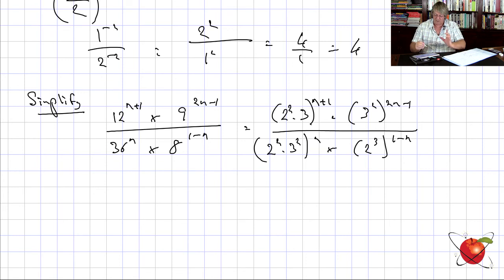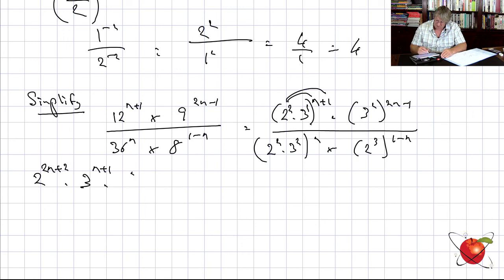Remove brackets, in other words, multiply out. Remember the 2 goes on both. So it becomes 2 to the power of 2n plus 2 times 3 to the power of n plus 1, because there's a 1 there, okay?